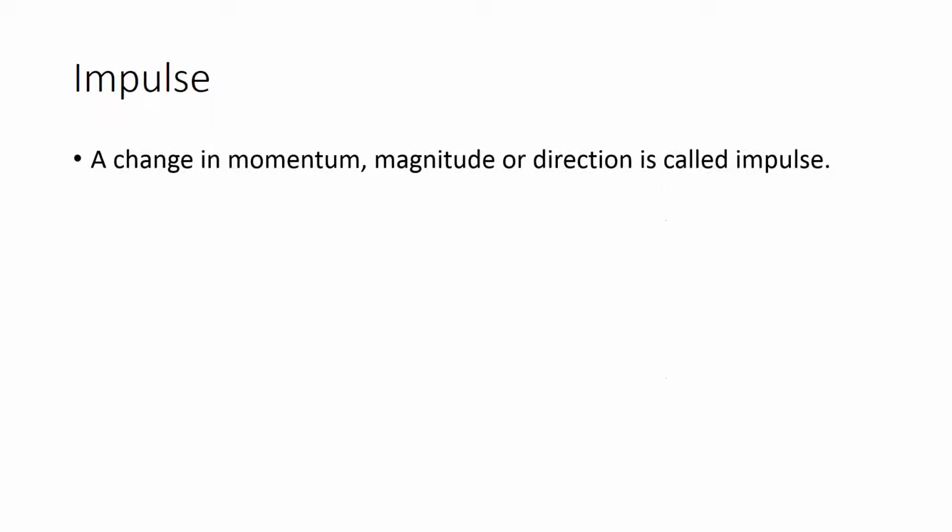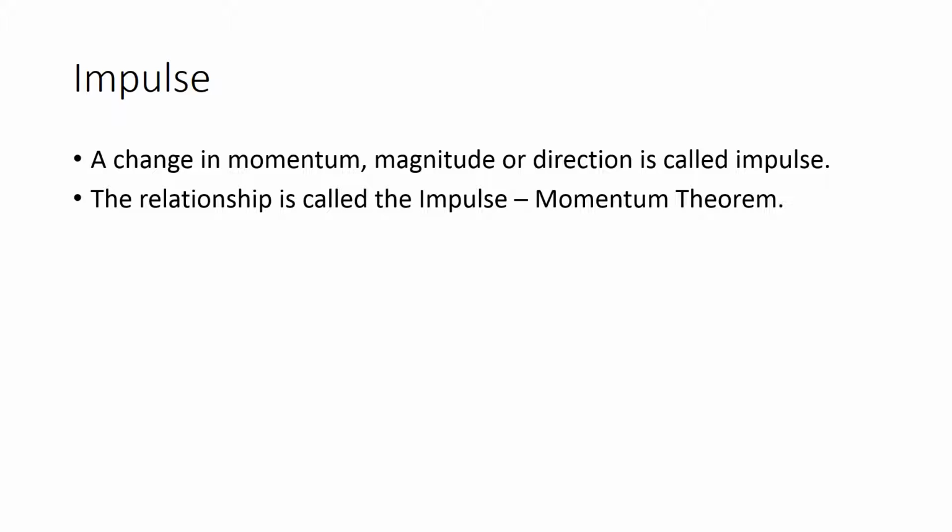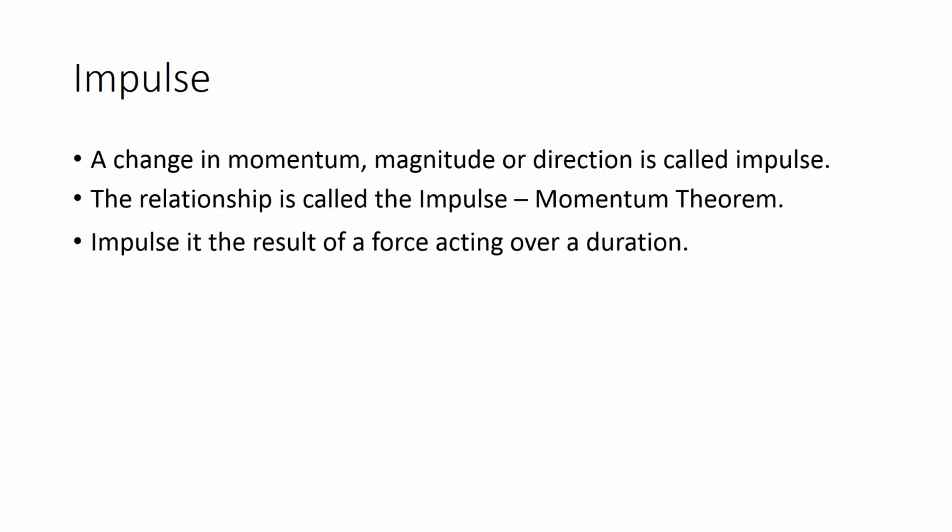Impulse is defined as a change in momentum. It can be a change in magnitude or a change in direction, but either way we refer to it as impulse. The relationship between impulse and momentum is called the impulse-momentum theorem, and it is a fundamental principle in the way that physics is done. We define impulse directly, as you would suggest from the previous slide. It is the result of a force acting for a duration.